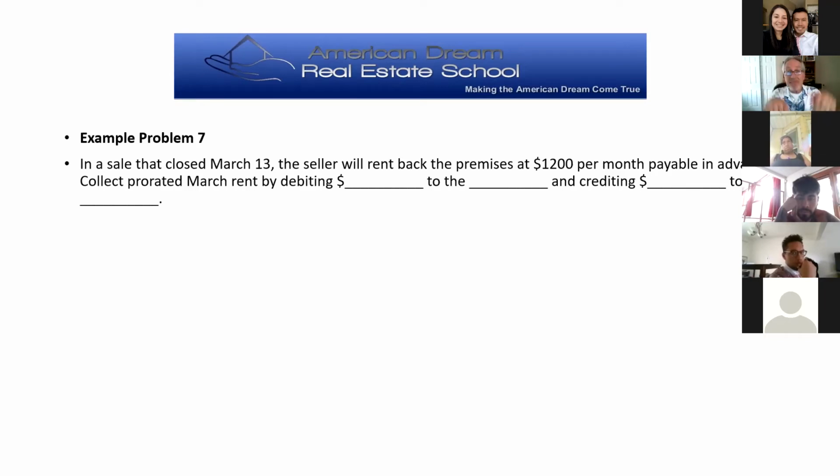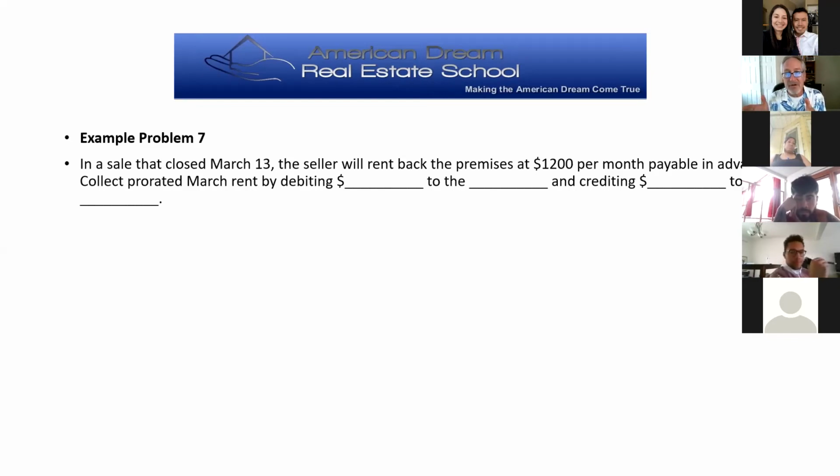They're going to stay in the property. Maybe they have a house that they're trying to build or something. They've agreed to pay the buyer $1,200 a month rent for the property they just sold. So after close on the 13th, the buyer is the new owner of the property, and the seller turns into a renter.